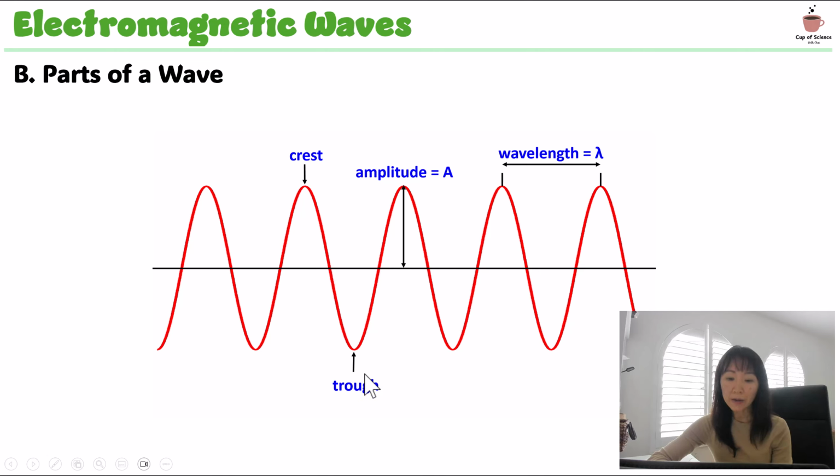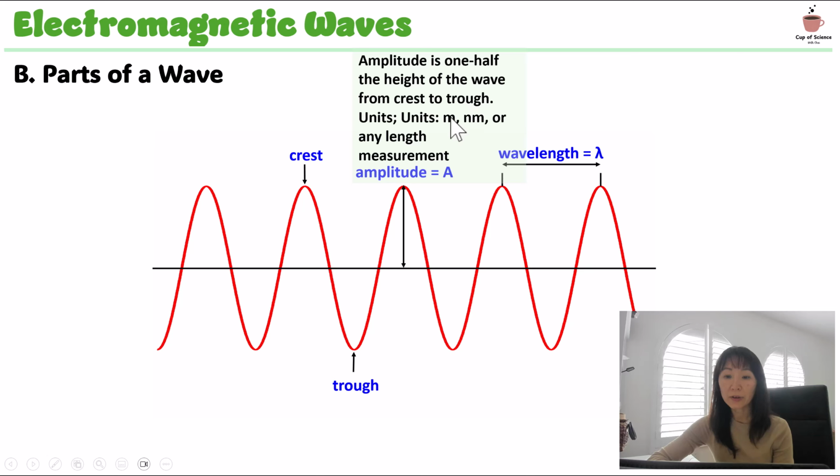The very bottom, the big dip down here, is the trough. The amplitude is the distance from midway between the bottom and the top, all the way to the top, or midway all the way to the bottom. And amplitude is measured in meters, nanometers, or any length measurement.